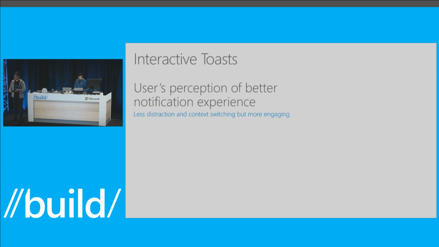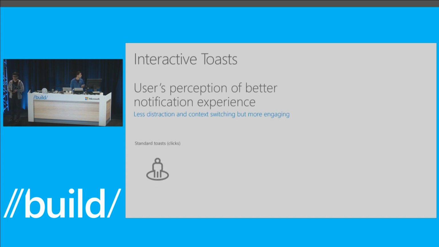If I receive an SMS with quick reply, all I have to do is type in my response, click on send, and then that notification will carry my response back to the SMS app. And I can carry on whatever I was doing before, whether that's watching a video or editing a photo. This results in less distraction to the user, and also less context switching. In fact, this makes your app more engaging.